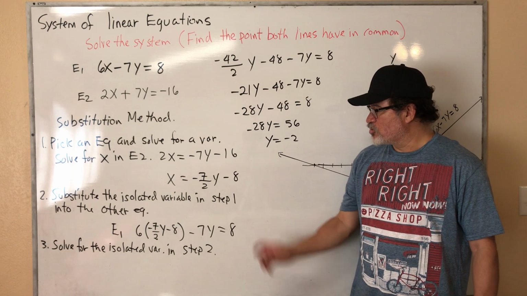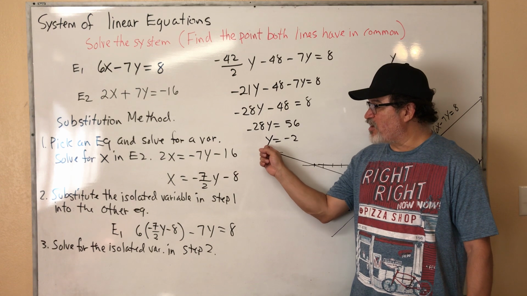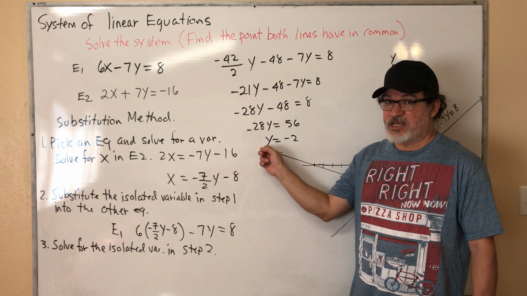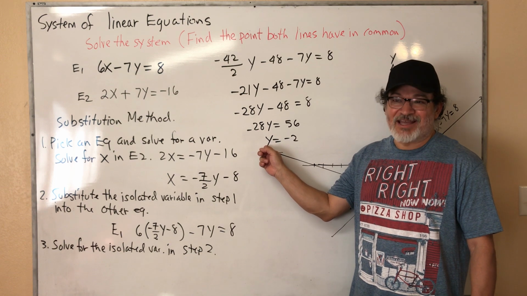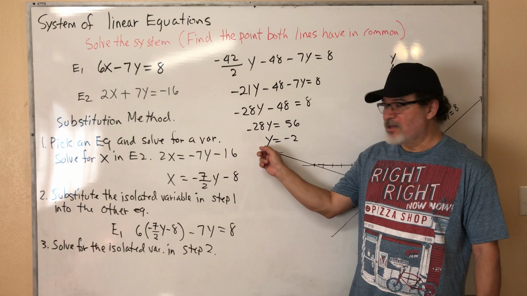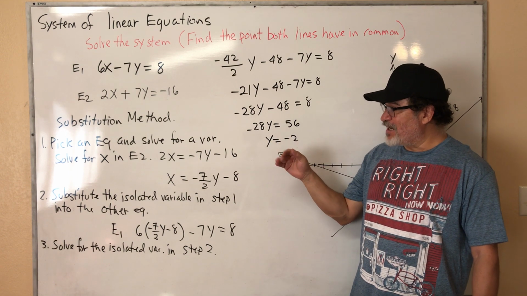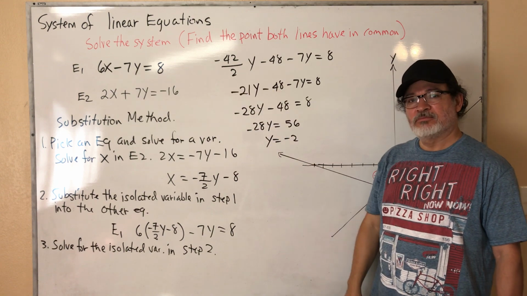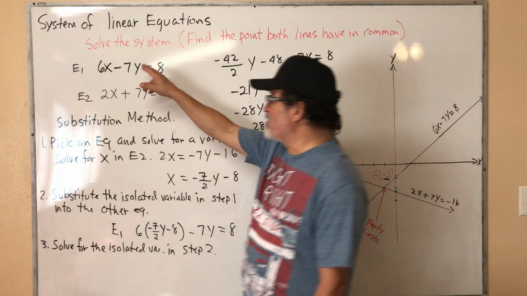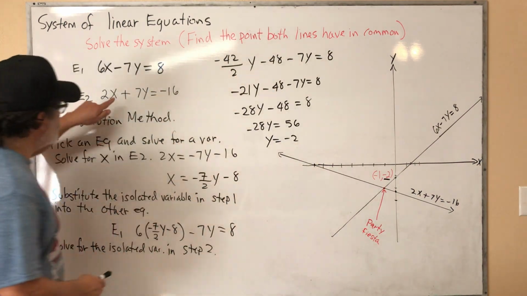Okay? So once you find the first variable, it could be x or it could be y. In this case, it is y. Then you have to find the other variable. And how do you do that? Well, let's take this y equals -2 and plug it into one of the equations. You can plug it in either one.